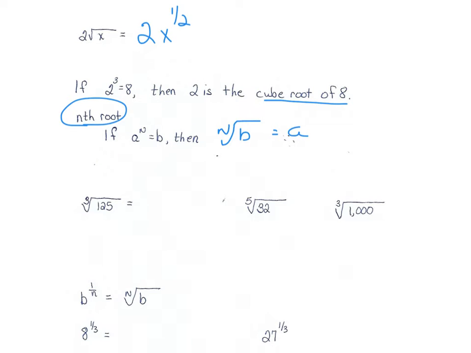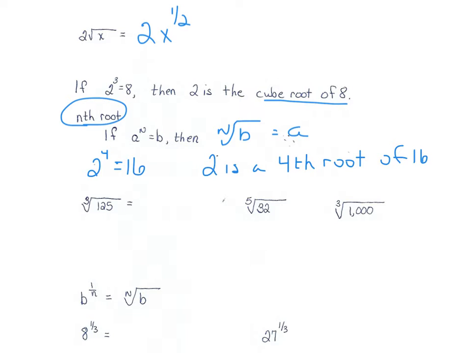So if we know that 2 to the 4th equals 16, and that's true, we can say that 2 is a 4th root of 16.